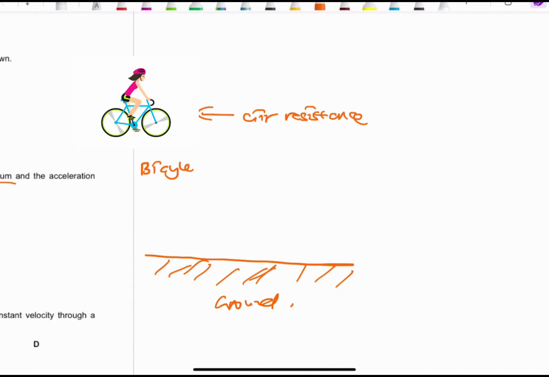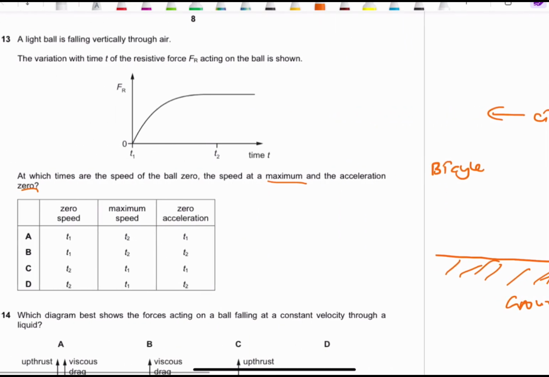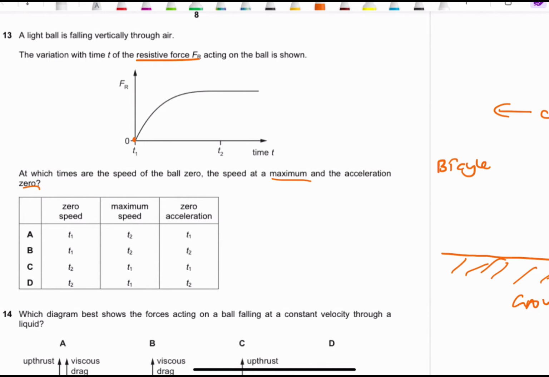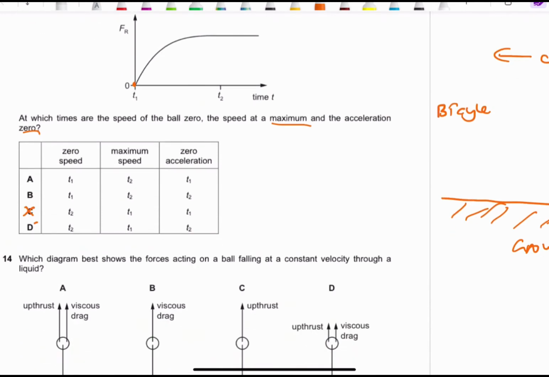But if there is no wind hitting your face, there won't be a resistive force. For you to start to move, the wind will start hitting you, but if there's no wind, there's no resistive force, because you're stagnant. You can't expect the wind to hit you when you're not moving. Air resistance only arises because of motion. So at time t, that is where the speed is 0, because you have no resistive force. So it would be T1 and T1, so C and D are wrong.